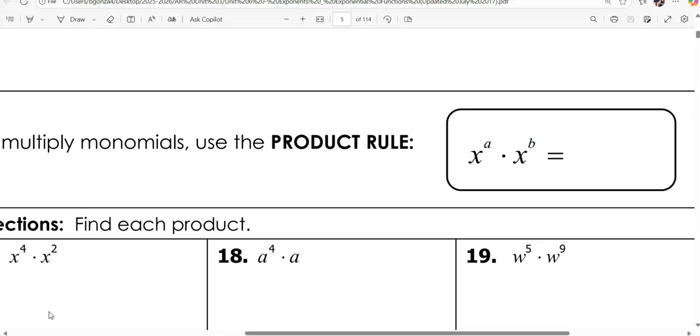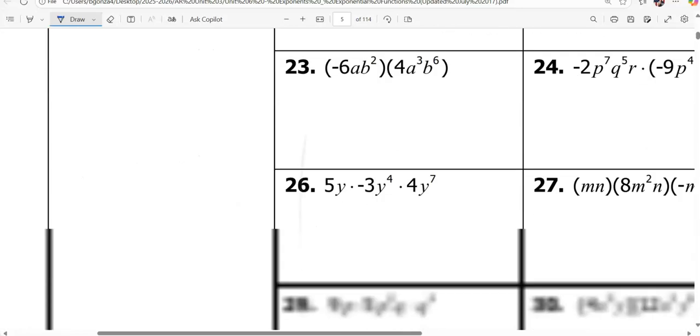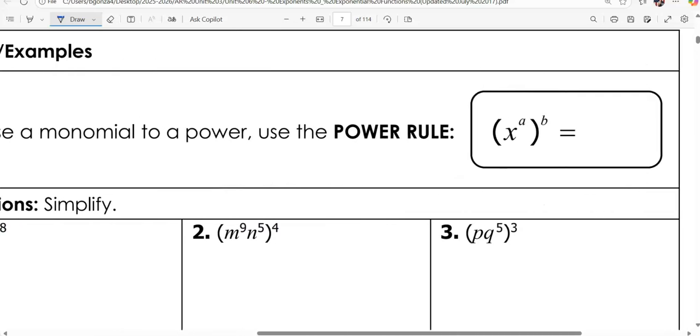All right, so y'all ready? X, a, b. Wait, is it a different thing? We're doing power of monomials. Wrong one.